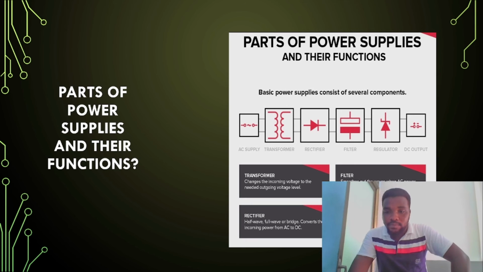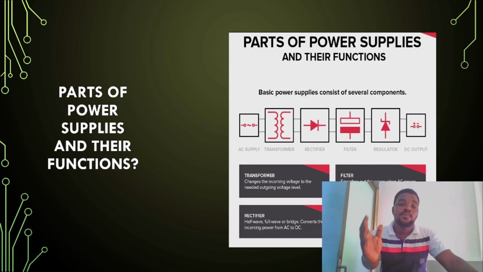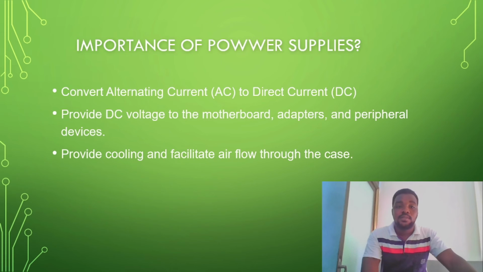Then the regulator reduces the variable voltage left by the filter, removing any voltage surges or drops. So these are some parts of the power supplies and their functions.